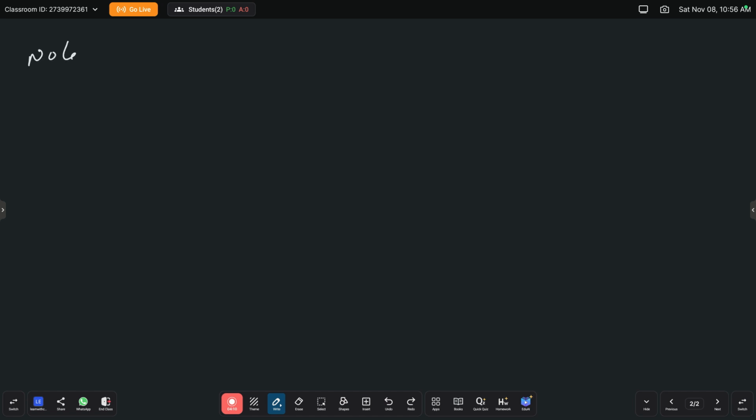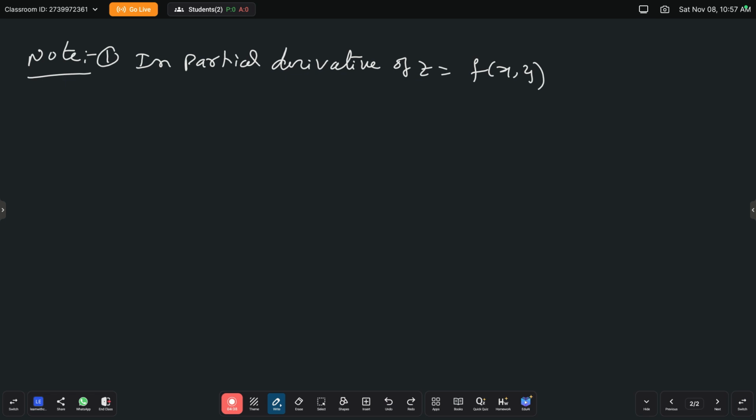Now, note 1 is: in the partial derivative of z equals f of x comma y with respect to x, y is a constant, the y variable is a constant.